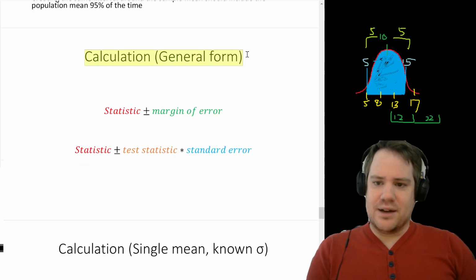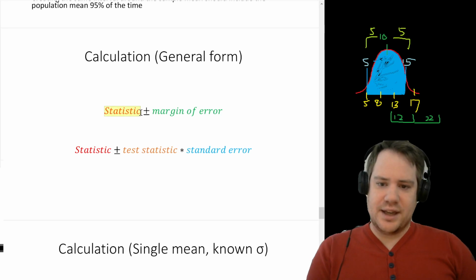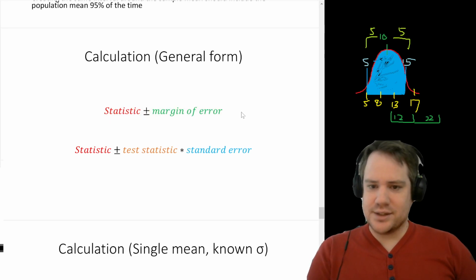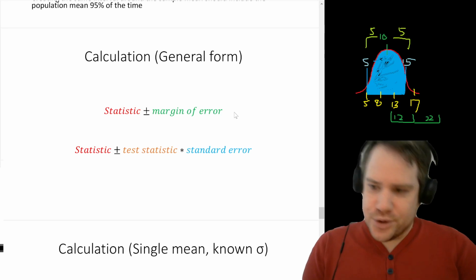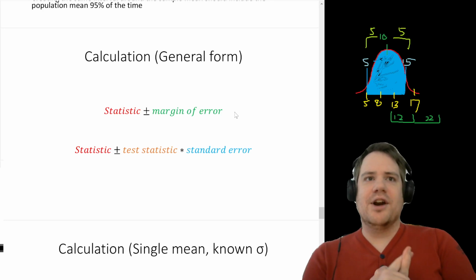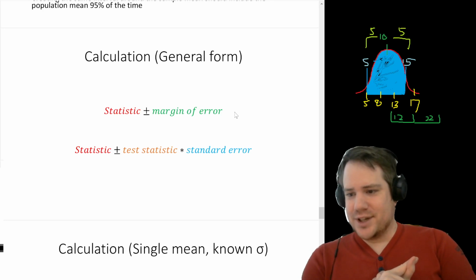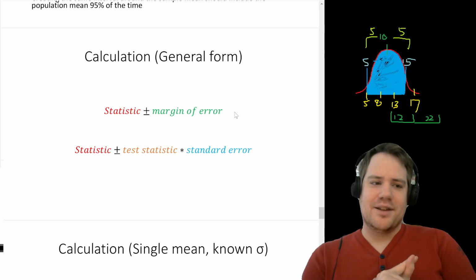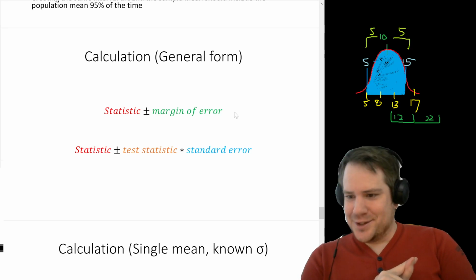So how we end up calculating the confidence interval is taking the statistic and then taking plus minus the so-called margin of error. This is always the case. Two things to note here. For one, there are many intervals, even different intervals in the core statistics 1b. Not all intervals are confidence intervals.